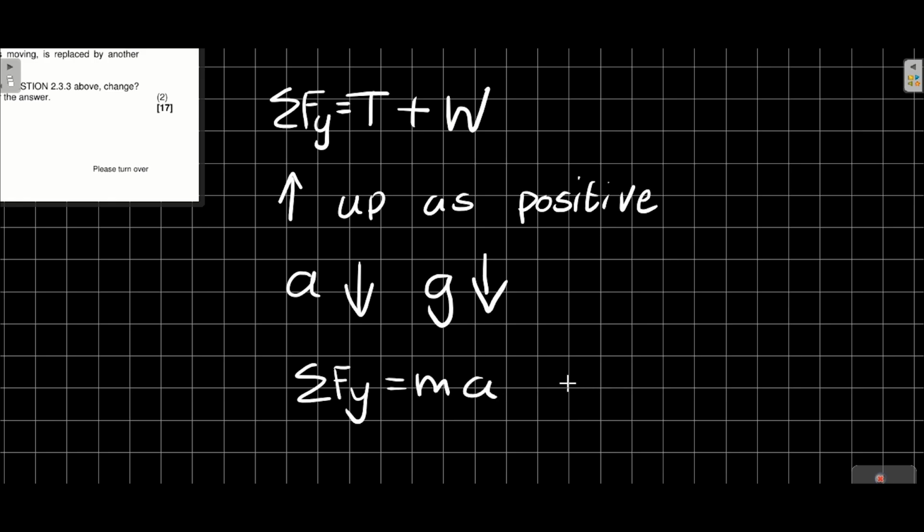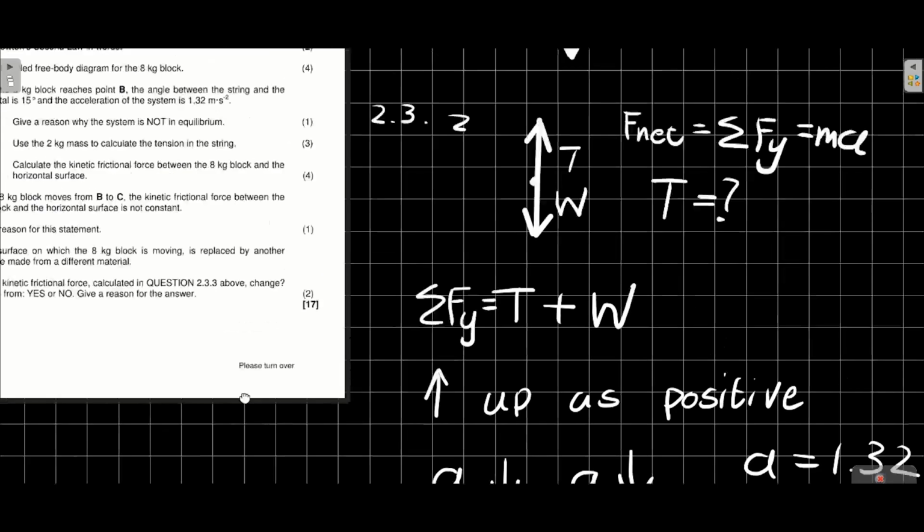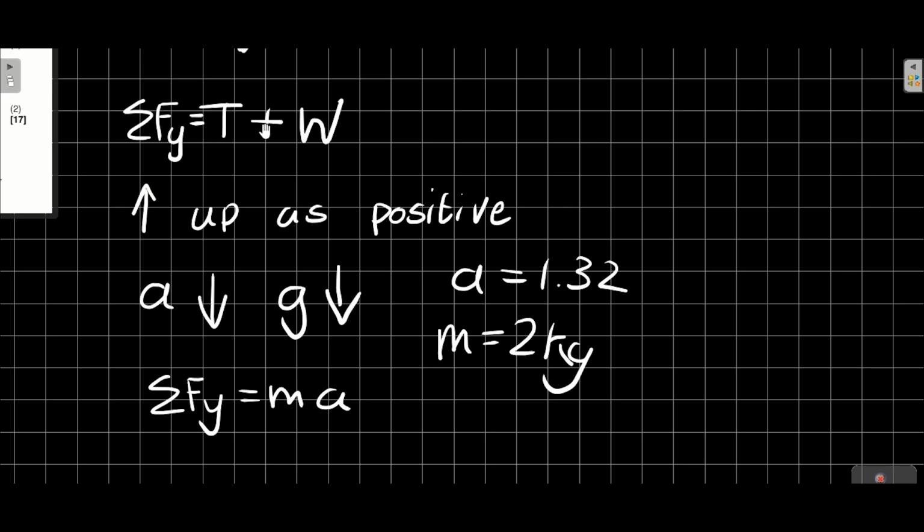So our mass is that 2 kg. Our acceleration is 1.32 meters per second squared, and our g is 9.8 meters per second squared.